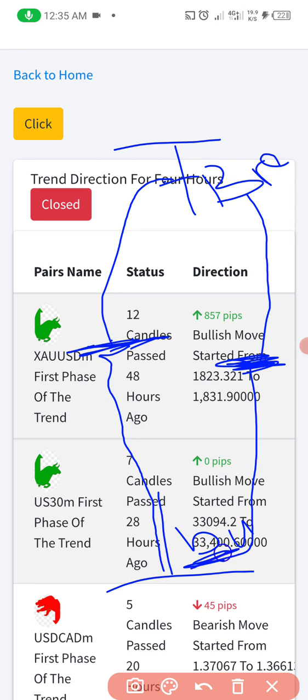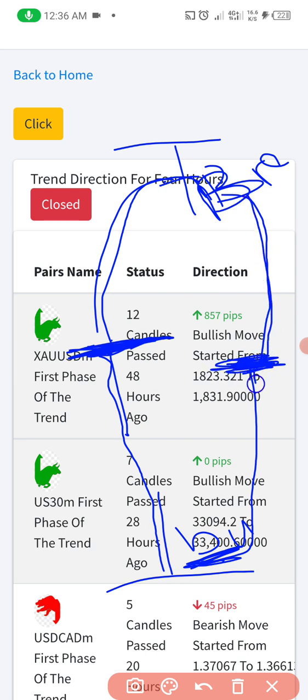From a first phase of a bullish move, we must get to a last phase of a bullish move. It doesn't go the other way around. From the last phase of a bullish move, the next thing you should be expecting is a first phase of a bearish move. From the first phase of a bearish move, you will be expecting the last phase of a bearish move.